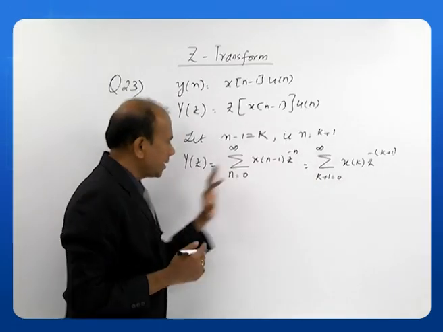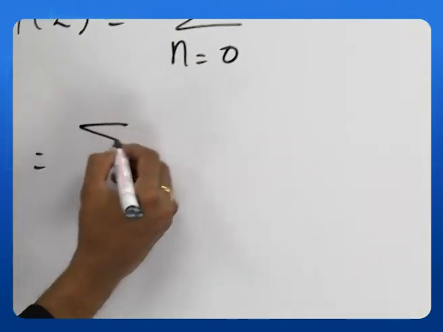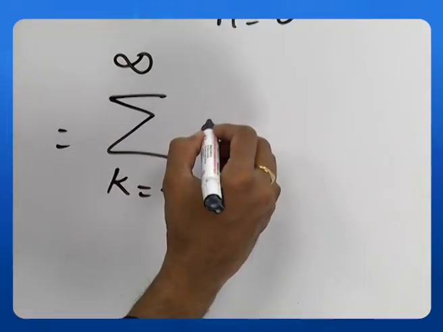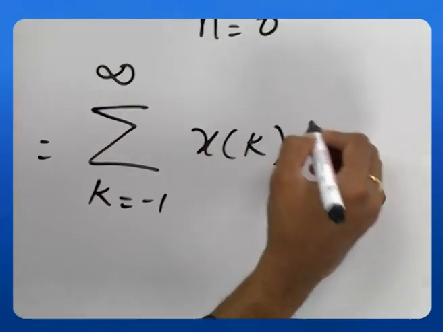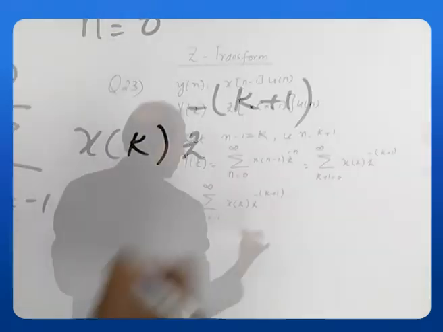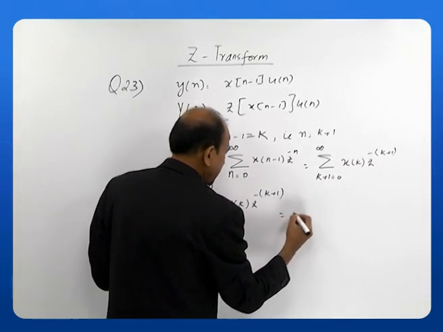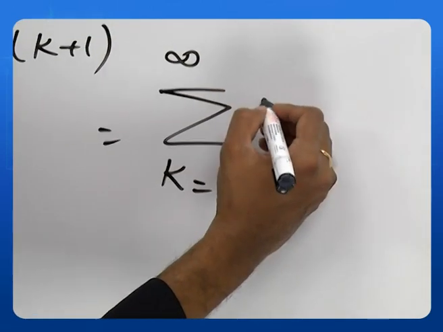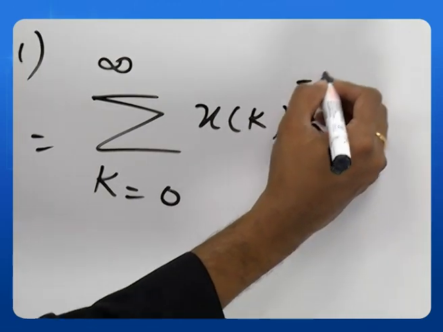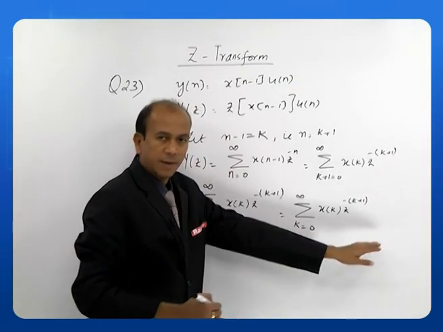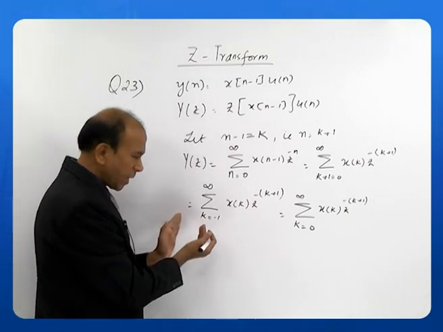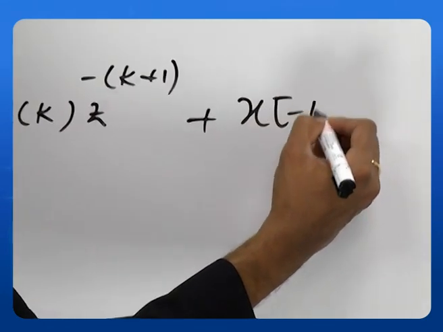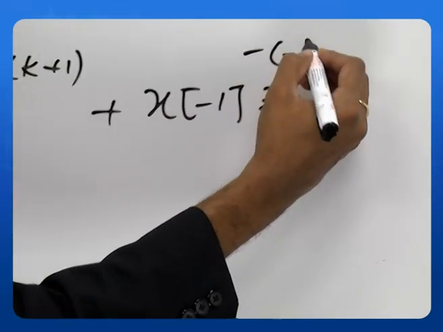Now again simplify this, no problem. Now k runs from minus 1 to infinity, x of k, z to the power of minus of k plus 1. Now we will transform this to a different summation, from k equal to 0 to infinity, x of k, z to the power of minus of k plus 1. As you see here, we are shifting from minus 1 to 0, so we have to add the k equal to minus 1 term, x of minus 1, z to the power of minus of minus 1 plus 1.